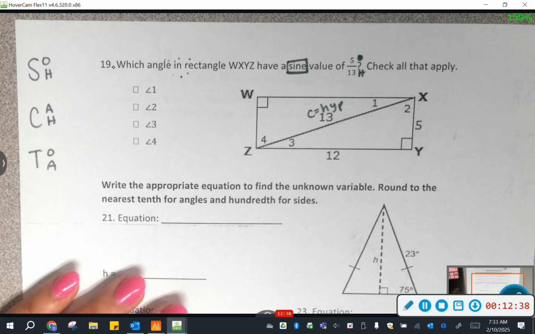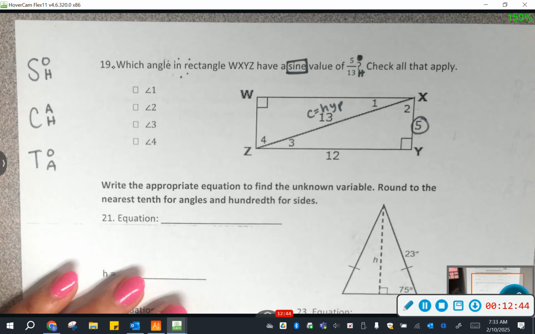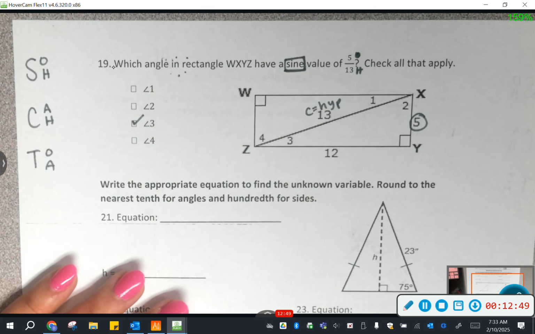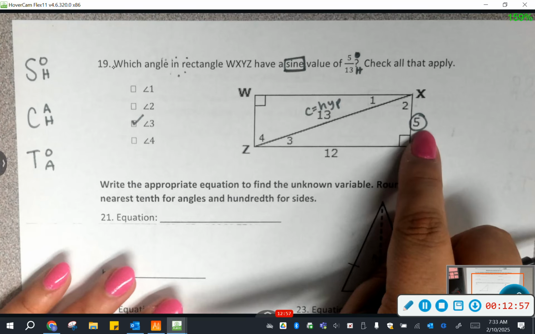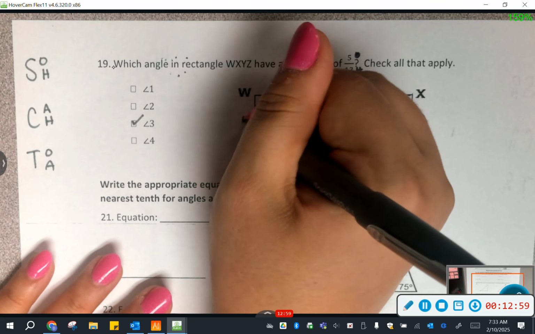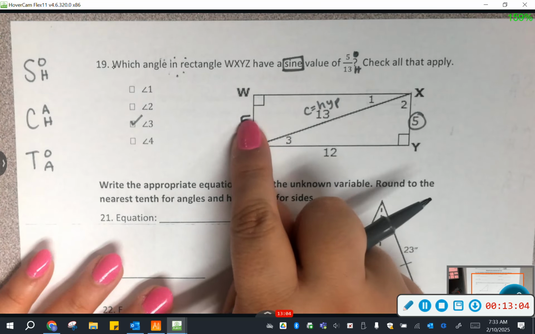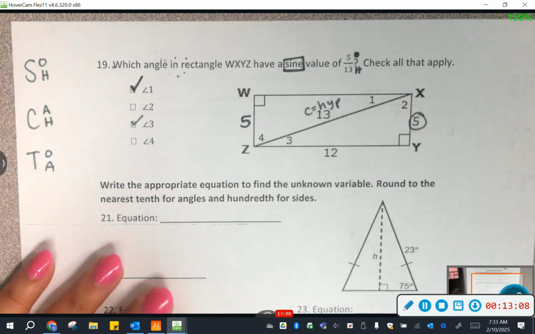What is opposite the 5? Here's 5. What's opposite? 3. Check mark 3. However, this is a rectangle. If this is 5, what else is 5? Do y'all agree this side would also be 5? What is opposite this 5? So 1 is also check marked.